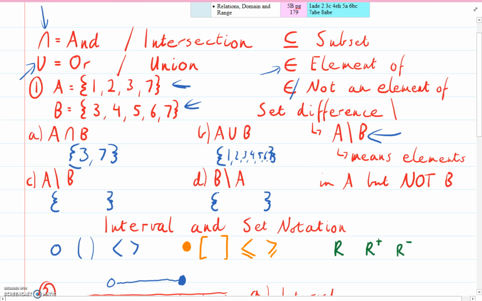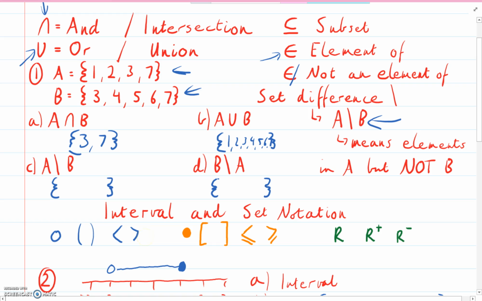C, what is in A that is not in B? So 1 is in A but not in B, 2, and that's it, so 1 and 2. What's in B that's not in A? I think that's 4, 5, 6 by the look of it.